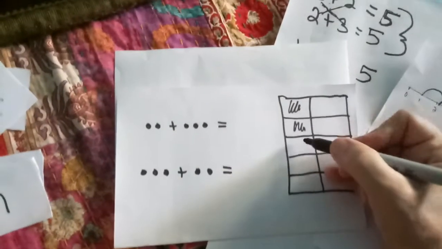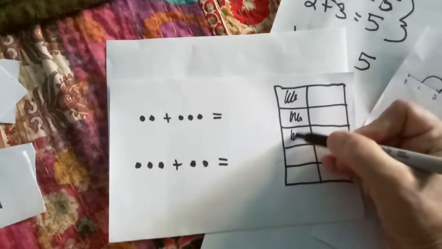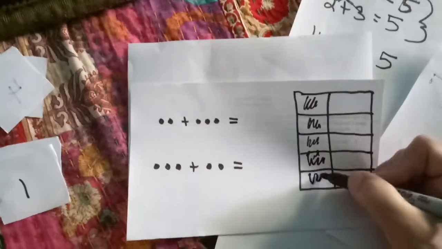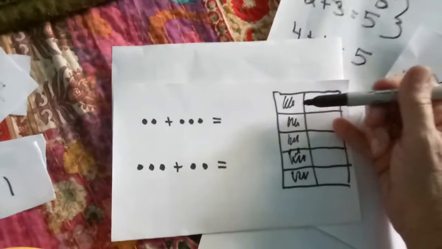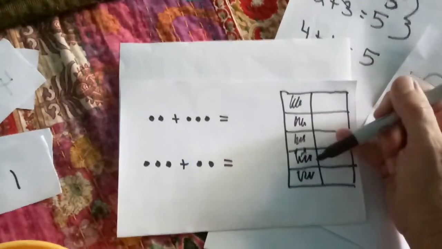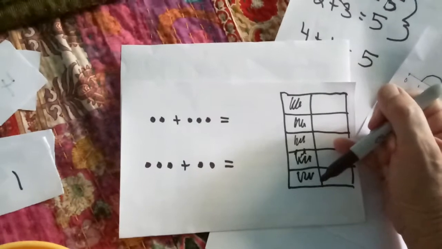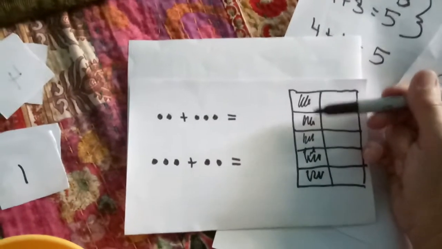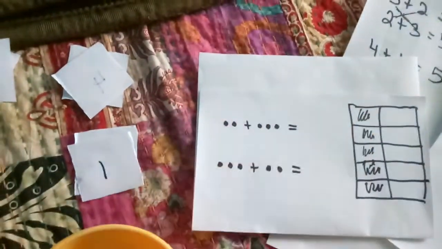Then color 3 more squares. 1, 2, 3. How many are colored? 1, 2, 3, 4, 5. Okay? So, and they could use different colors for this as well.